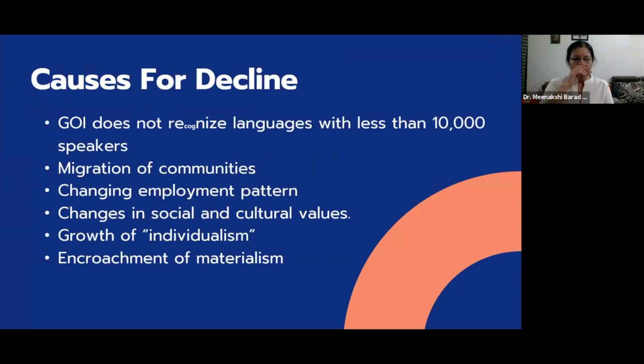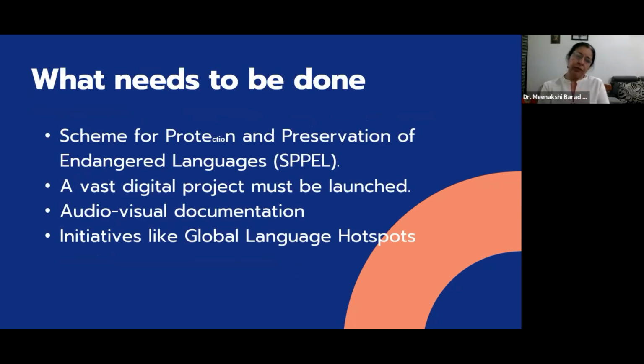So what are the causes for decline? We just looked at that. So what needs to be done? There could be a scheme for protection and preservation of endangered languages, which is a proven method to ensure the survival of language, and the development of schools that teach these minority languages, which will help enrich and preserve these languages.